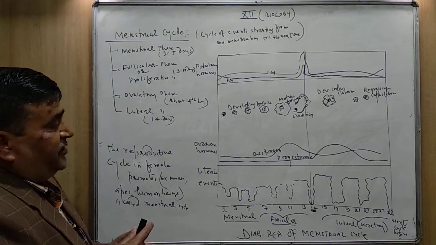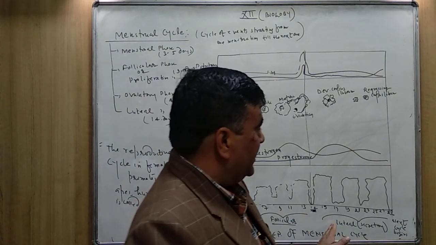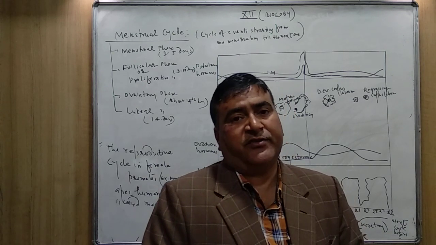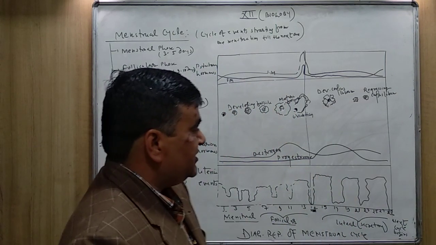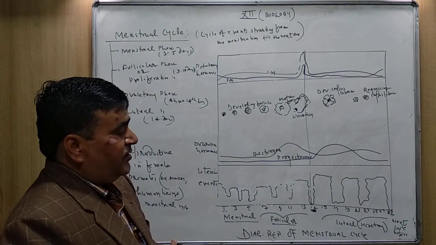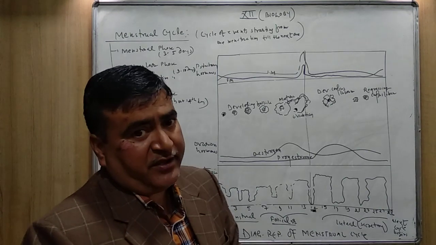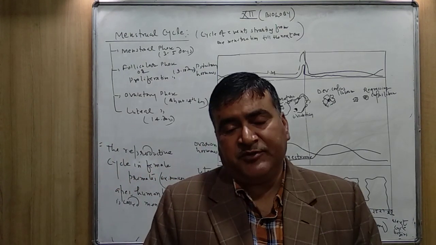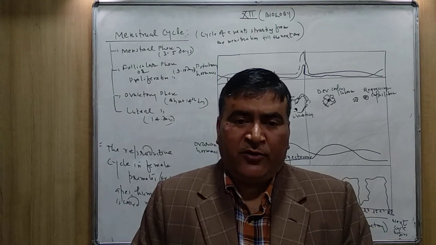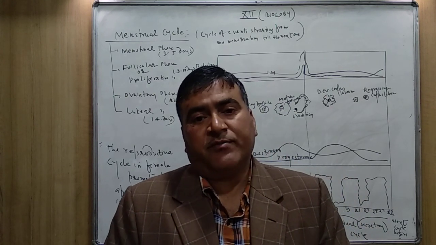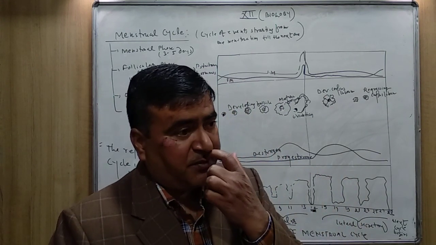Now the ovulatory phase is followed by which phase? Luteal phase. Luteal phase is also known as secretory phase. Why is it said to be luteal phase? In the luteal phase, you will observe an endocrine tissue is formed inside the ovary, called corpus luteum.